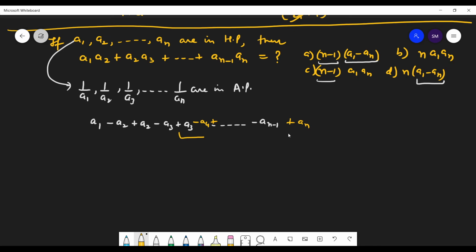So now the thing is, will it be plus or minus? This thing you need to tell me. Because you have a1 and an, if this is the sequence that you are getting, then you will be getting here plus an minus 1.